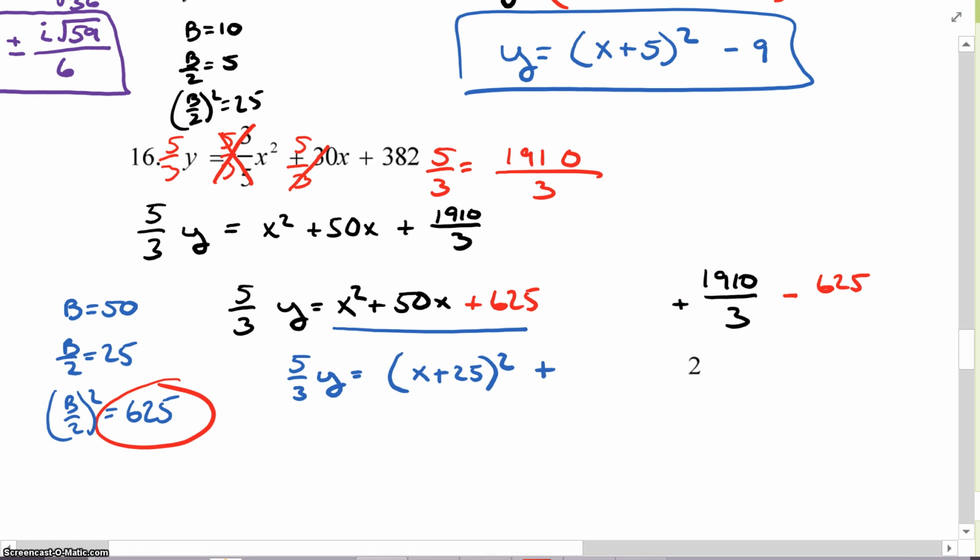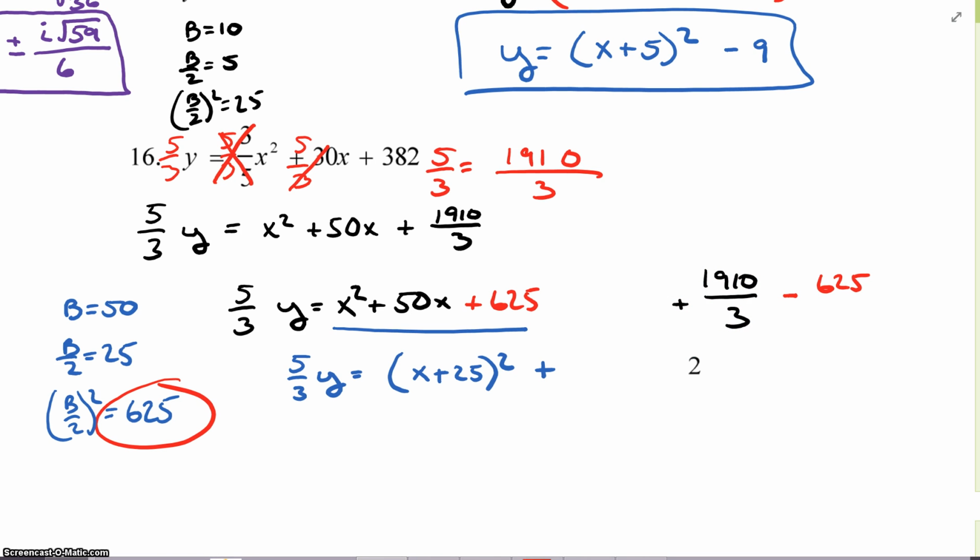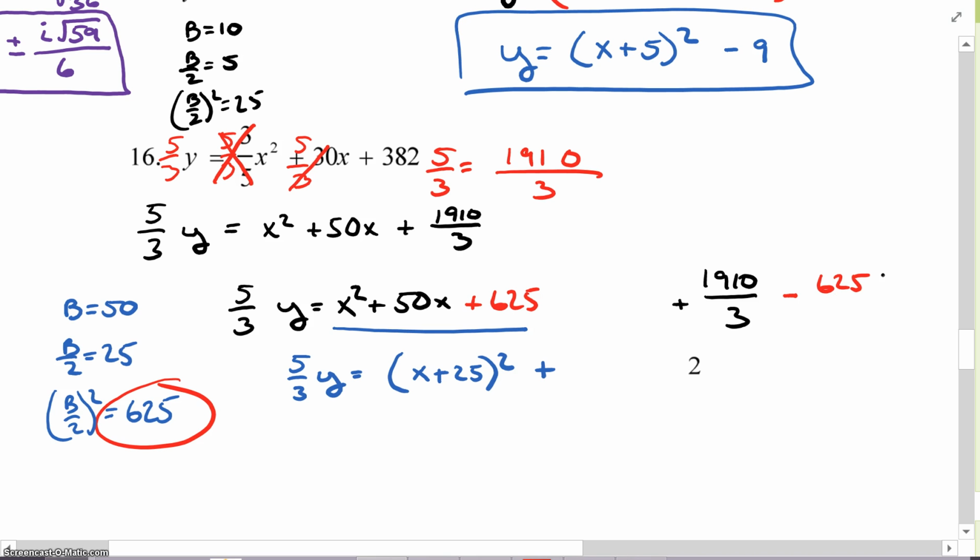I have a fraction, I have a denominator of 3, so I need to multiply 625 by 3 over 3. That's going to give me 1875, all over 3. So that's going to be plus, do the math real quick, 35 over 3.